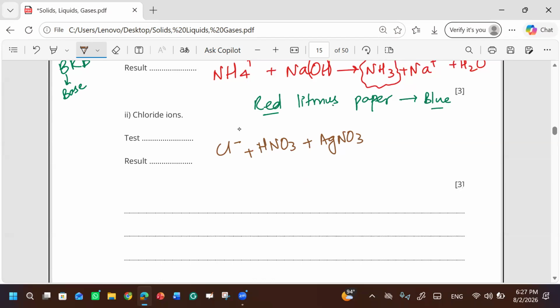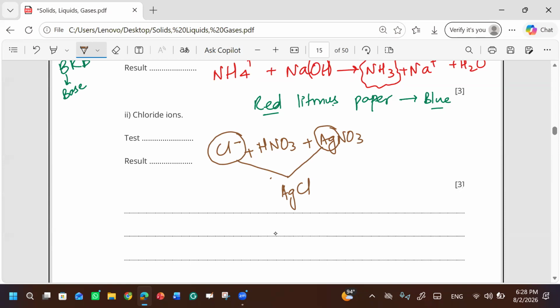What can be formed? Silver and chlorine will combine and silver chloride will form. What will form? Silver chloride.